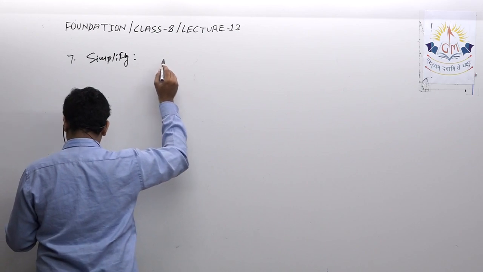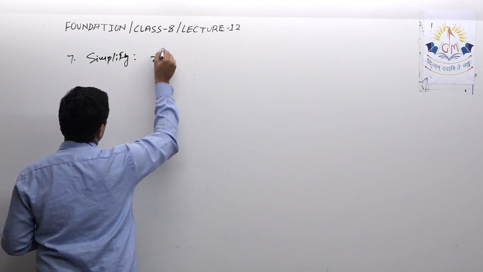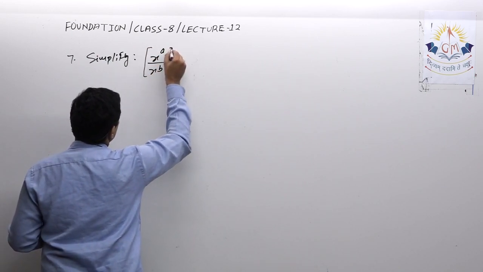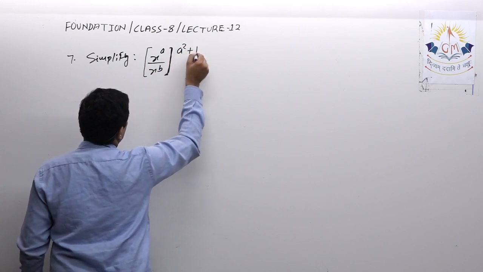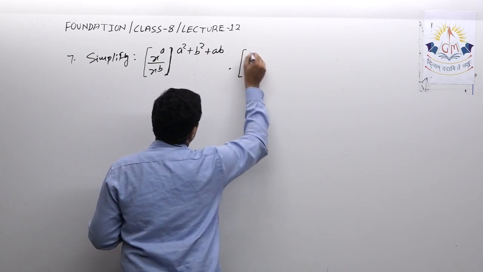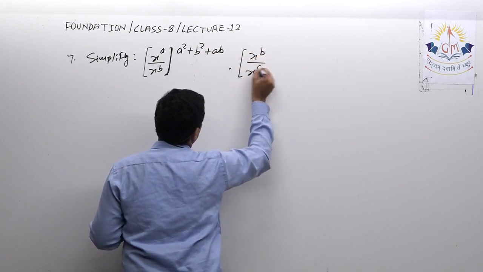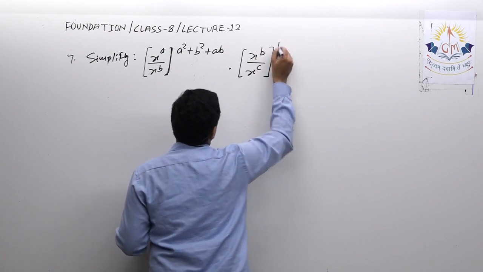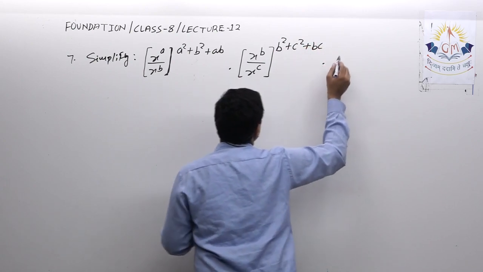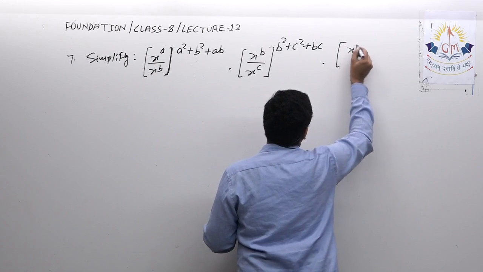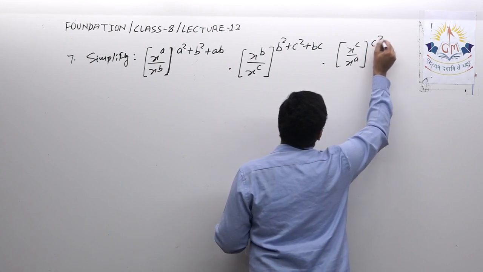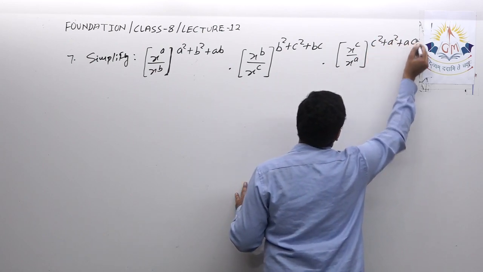X raised to a upon x raised to b raised to a square plus b square plus ab multiplied by x raised to b upon x raised to c raised to b square plus c square plus bc into x raised to c upon x raised to a raised to c square plus a square plus ac.